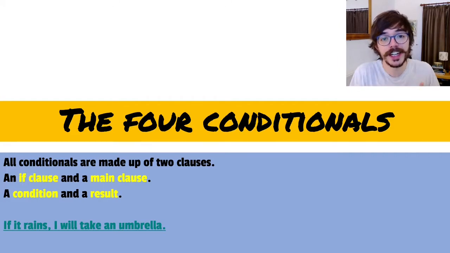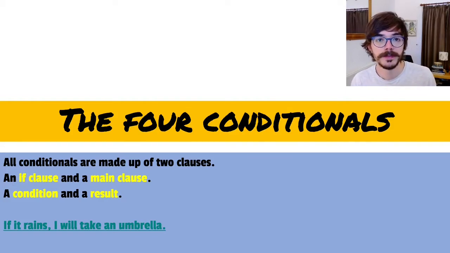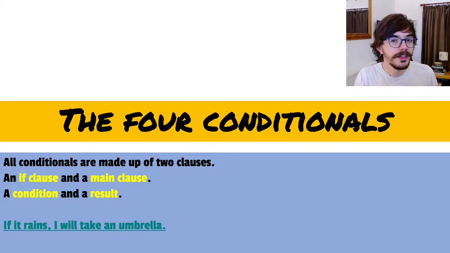Or our condition, if it rains, and a result, I will take an umbrella. So first we're always saying a condition. It might rain, it might not rain. But if it does, what will I do? We could also say, for example, if I had a glass of water, I would have a drink.